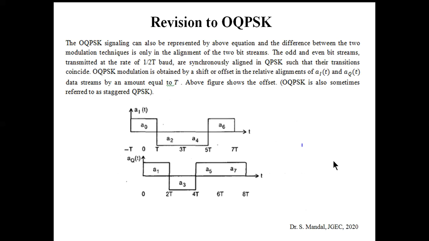Now coming to another version of the QPSK, which is known as offset QPSK or OQPSK. The difference between the two processes, QPSK and OQPSK, is very minor. The difference basically depends on the alignment of the two bit streams, in phase and quadrature.